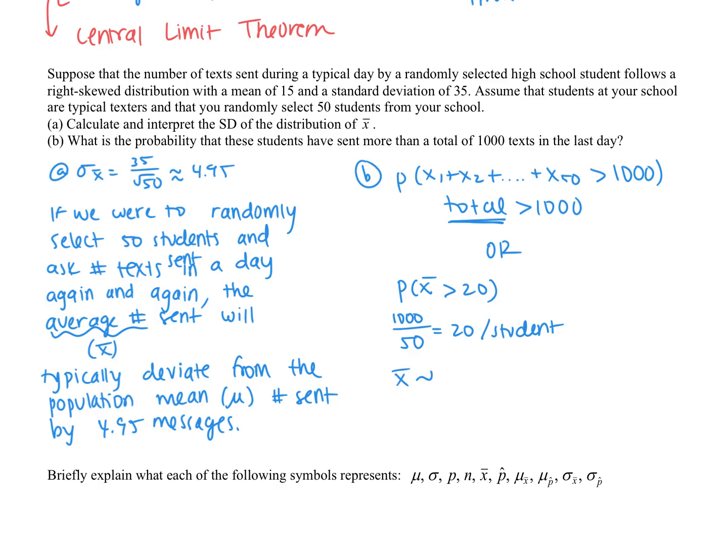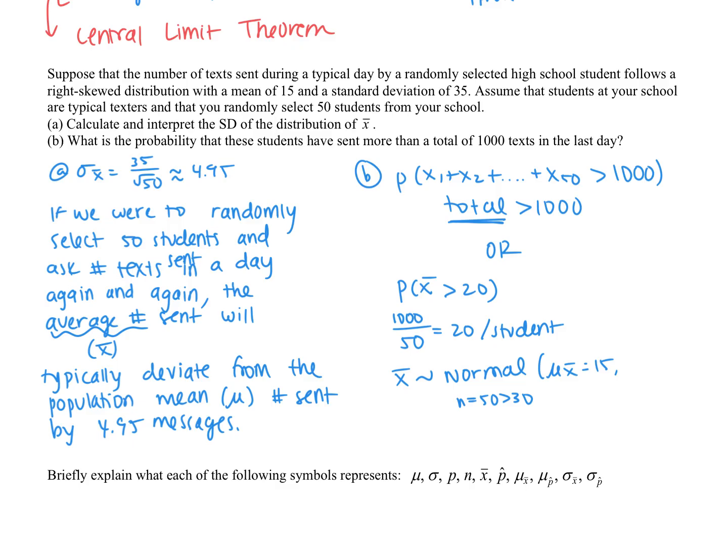Okay, what do we know about X bar? Well, first of all, we know that X bar is normal, and that's because our sample size is 50, which is greater than 30. So it doesn't matter that the population is right skewed. We know that the mean of X bar is just that 15, which is the mean of the population.